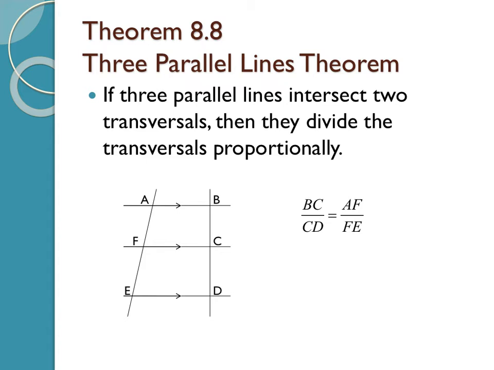Okay. Next, another theorem. Now this time it's not in a triangle. It's just 3 lines that are parallel. So if 3 parallel lines intersect 2 transversals, those are my transversals in blue, then they're going to divide the transversals proportionally.